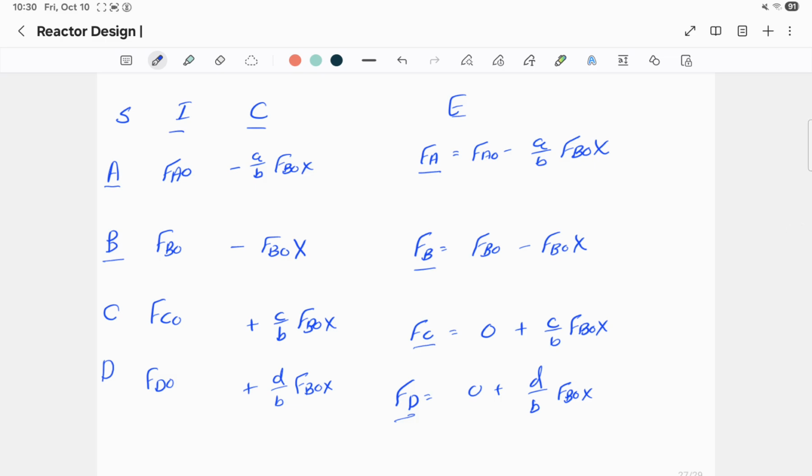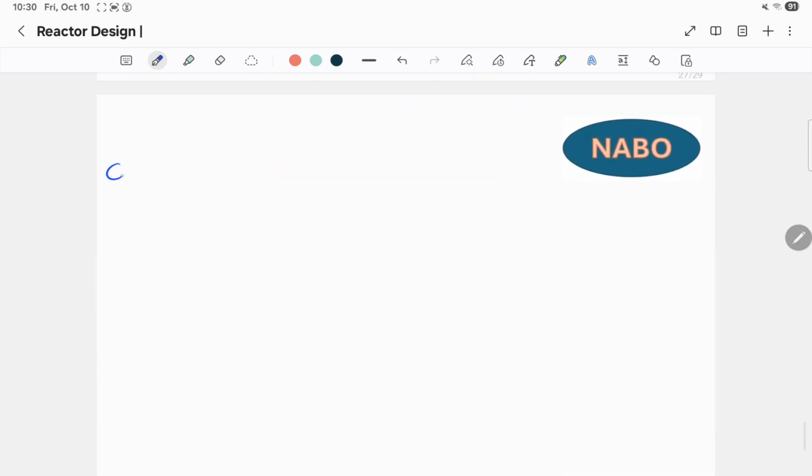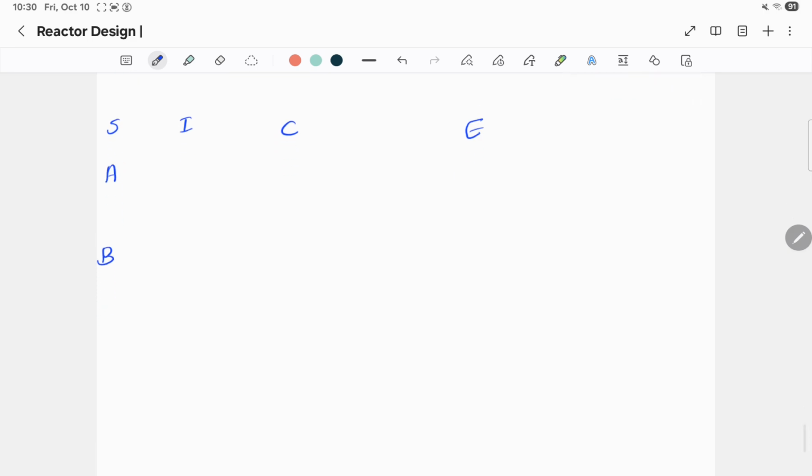coefficients. Can this ice table be done in terms of concentration? Absolutely. Let's draw one out. So our limiting reactant, as you remember, was B. So the ice table will be done in terms of the limiting reactant concentration, which is CB naught. Again, substance, initial, change, and exit. Substance, we're listing our elements in the reaction.